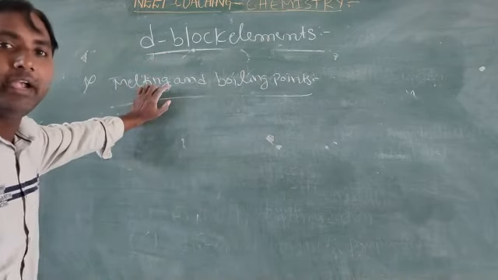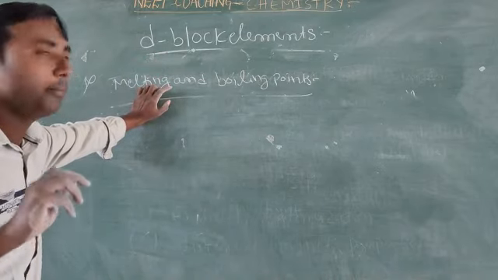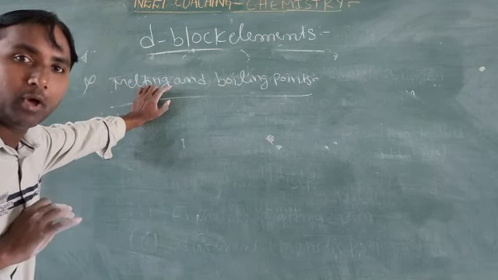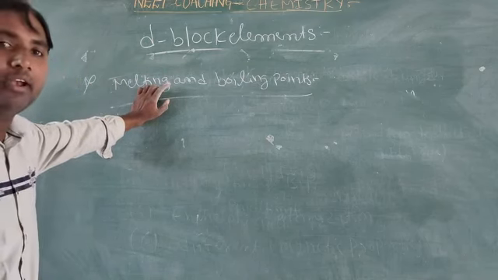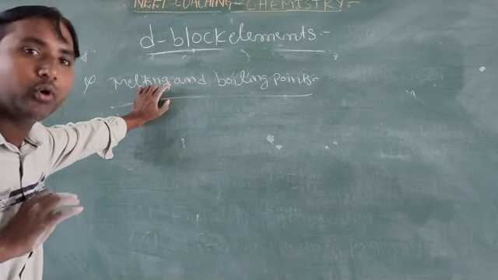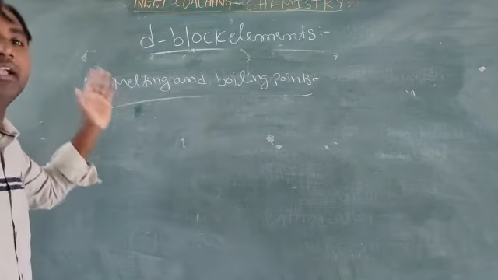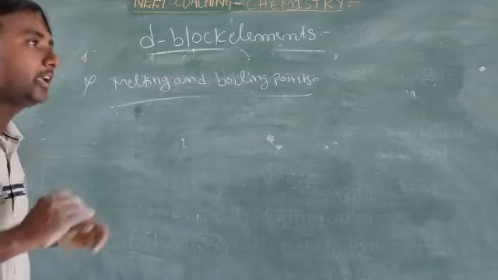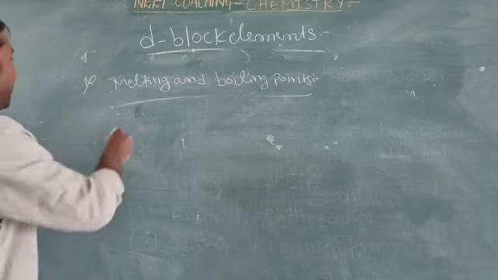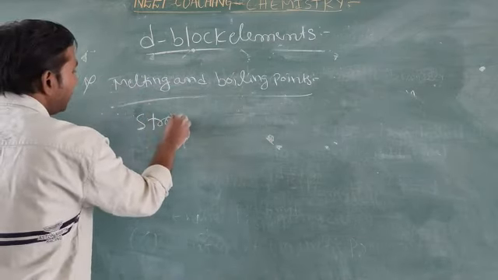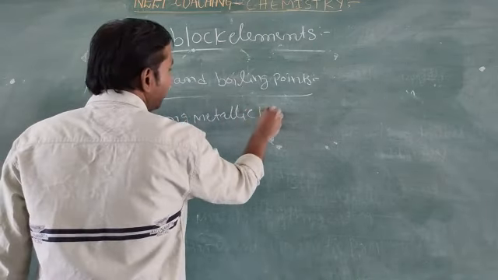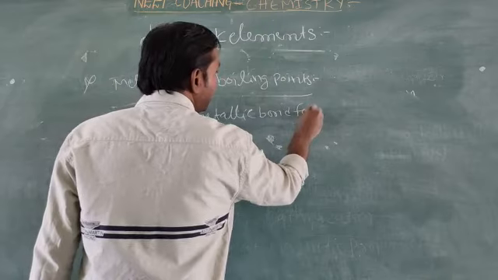Generally, d block elements have higher melting and boiling points than s block and p block elements, due to strong metallic bond formation.